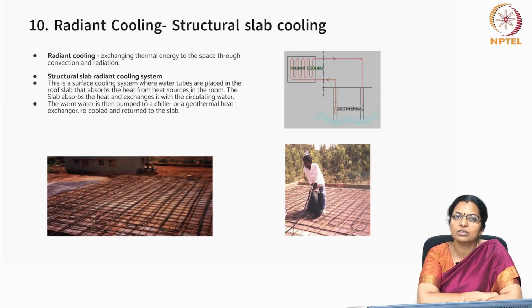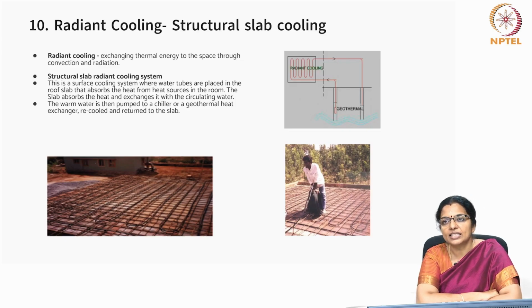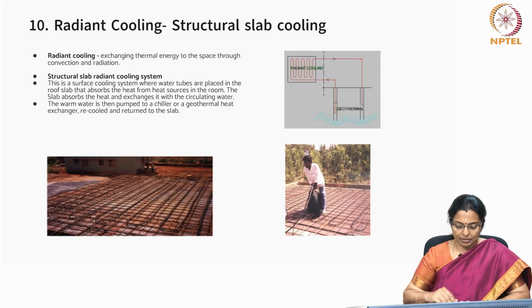The heat sources in the room warm up the slabs, and the cool water inside the tube helps in reducing the temperature of the slab. The slab absorbs the heat and exchanges it with the circulating water. The warm water is then pumped to a chiller or a geothermal heat exchanger, recooled and then returned to the slab.